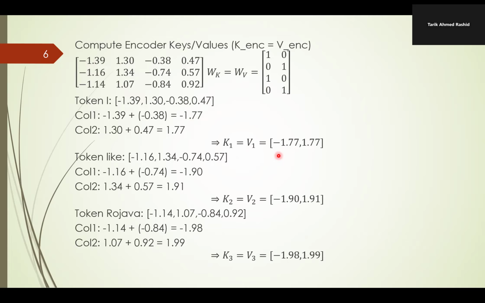And we said at the beginning, this is only for learning and for simplification. For the tokens, the encoder rows represent the tokens: the first row is I, the second row is like, and the third row is Rojava.